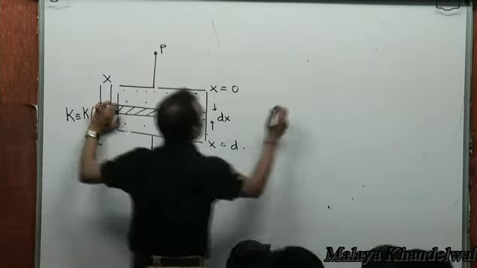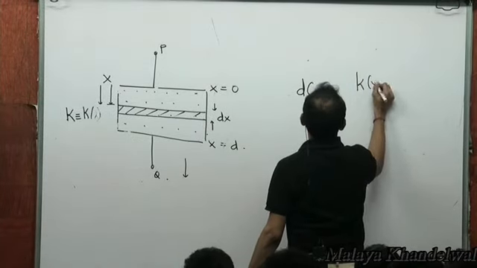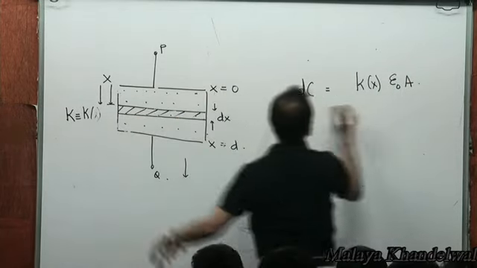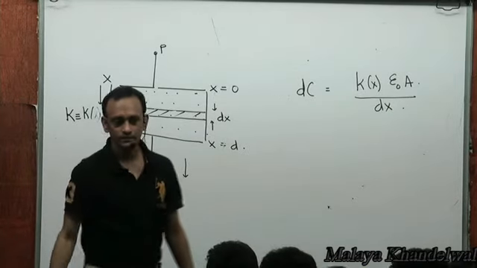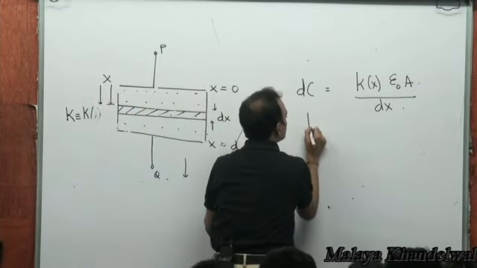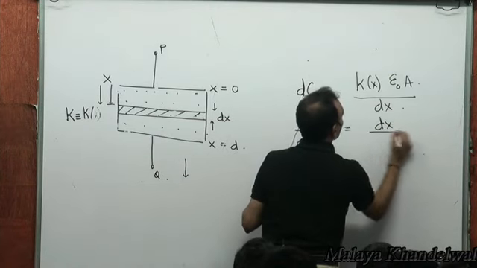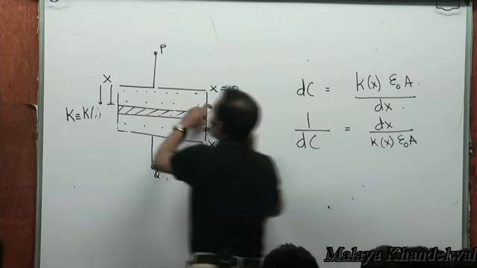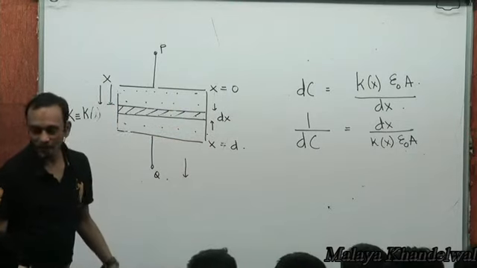So this behaves like a capacitance dC, which is K at x into epsilon naught A, where A is the area of overlap of these two plates, divided by the separation dx. So 1 by dC is dx divided by K at x into epsilon naught A. That's the reciprocal of the capacitance of this small chosen strip, right?